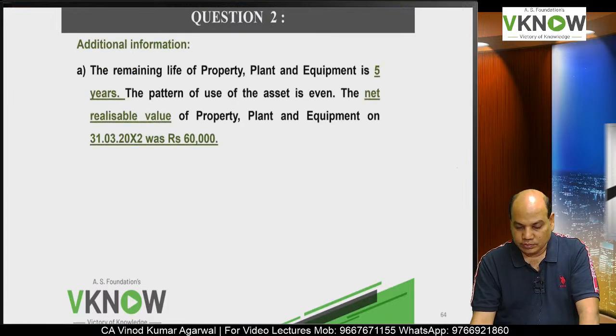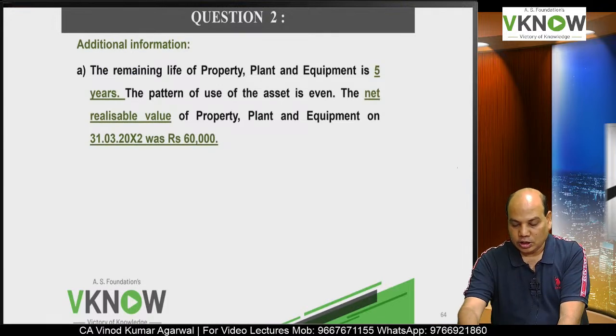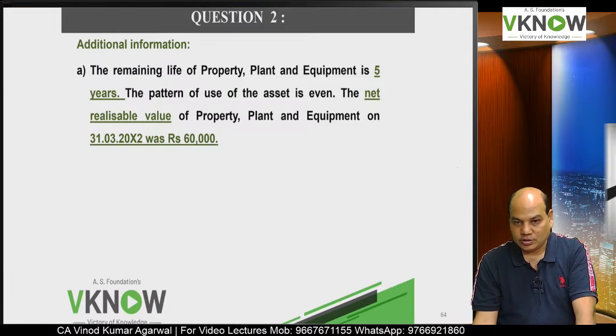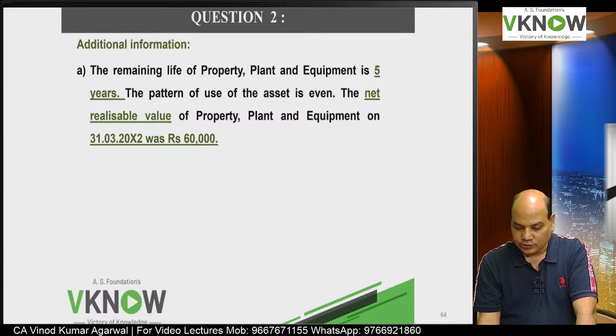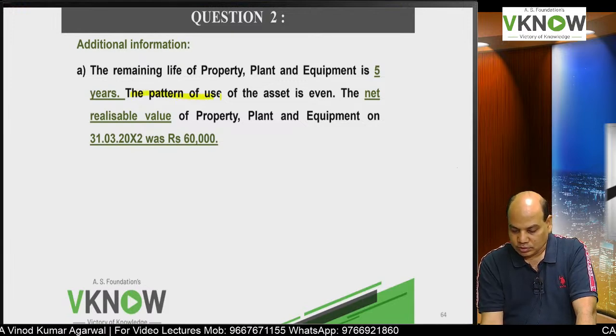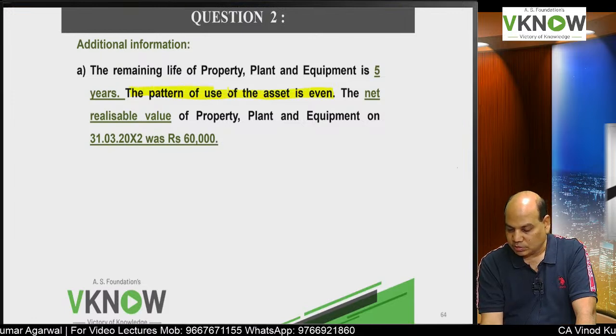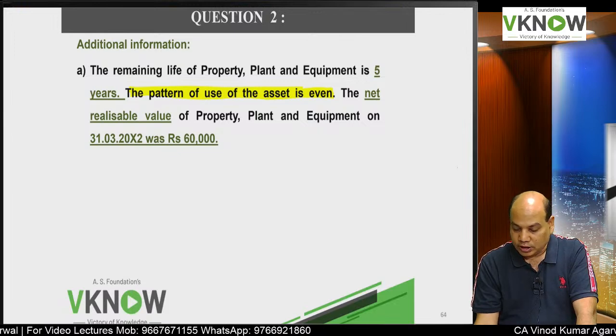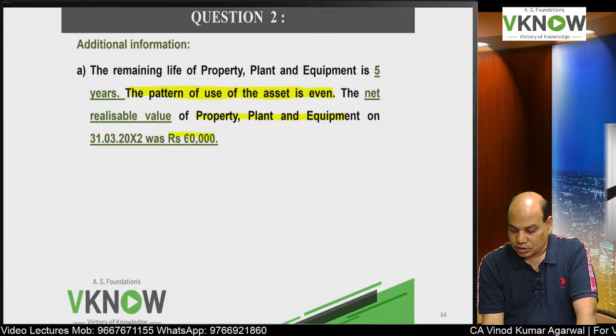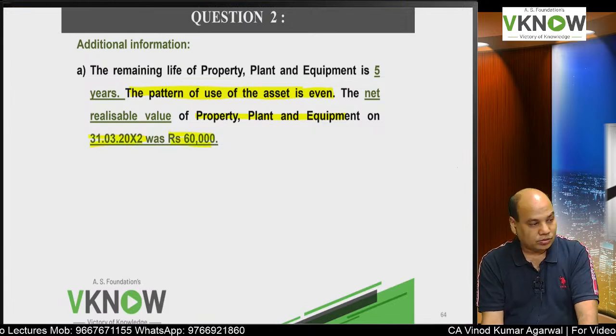Additional information, the remaining life of PPE is 5 years. The pattern of use of the asset is even. If the pattern of use of asset is even, what is the depreciation method? Straight line method. The NRV of the PPE is 60,000 rupees on 31st March 2002.